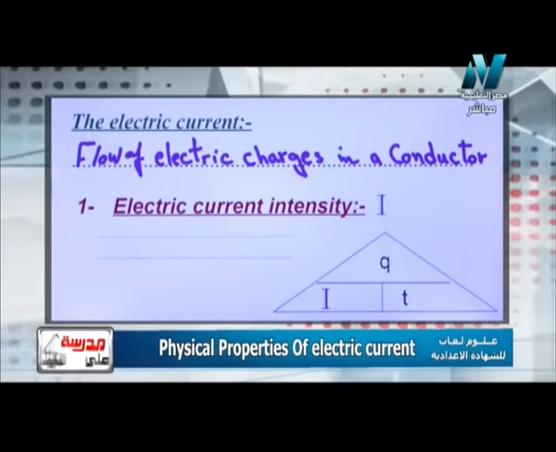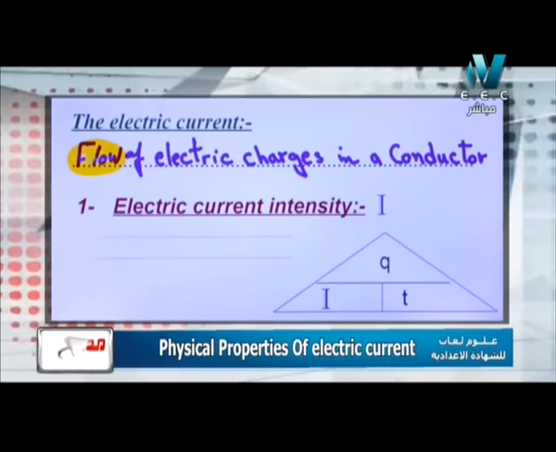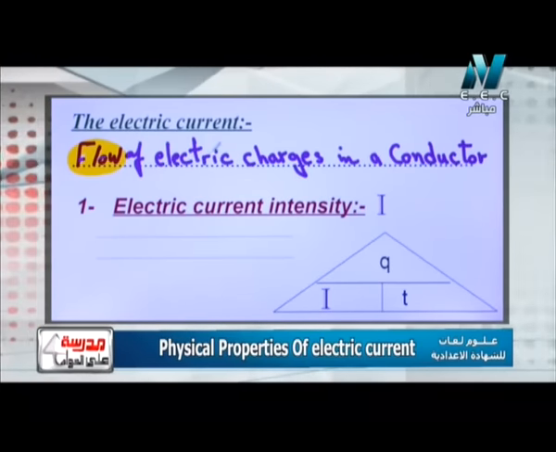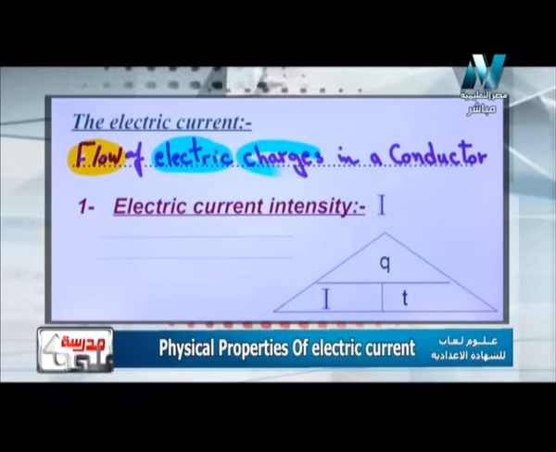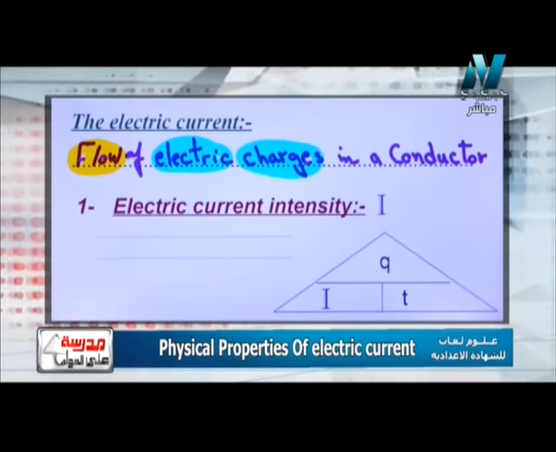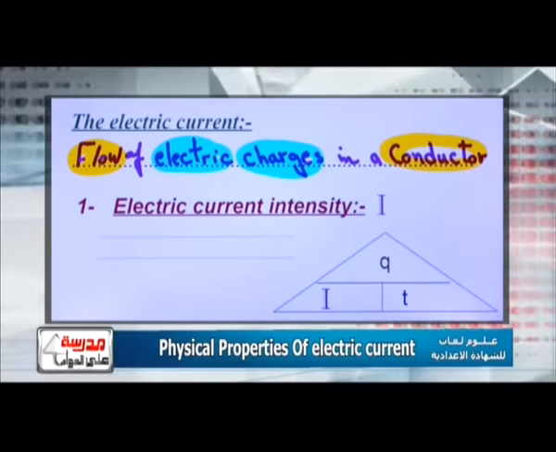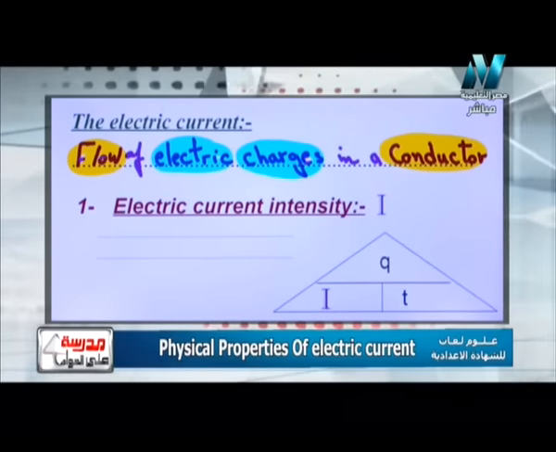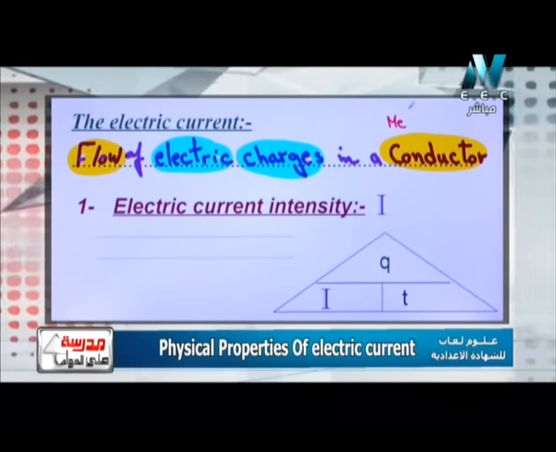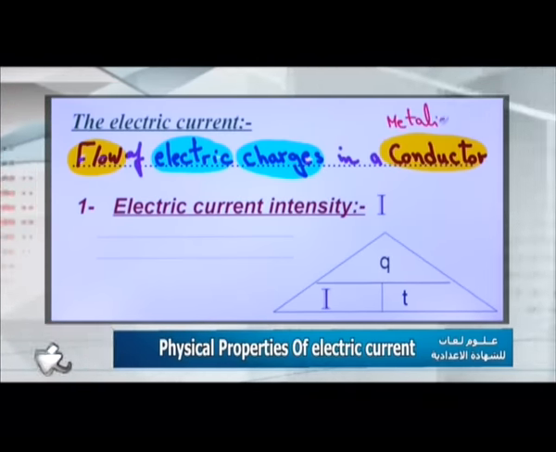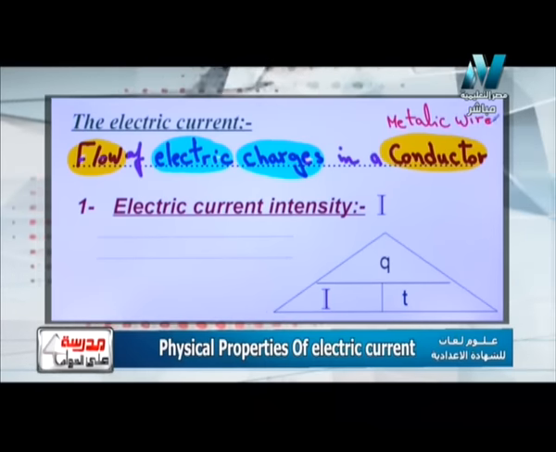The electric current is the flow of electric charge, or negative charge, electrons, in a conductor. What is meant by conductor here? It means the electric wire or metallic wire.